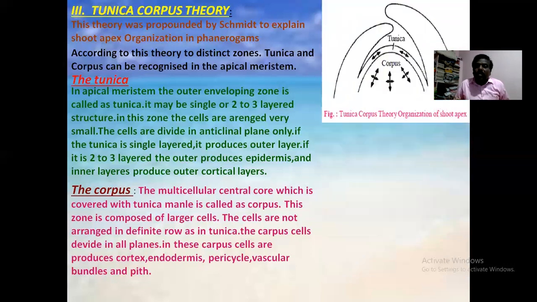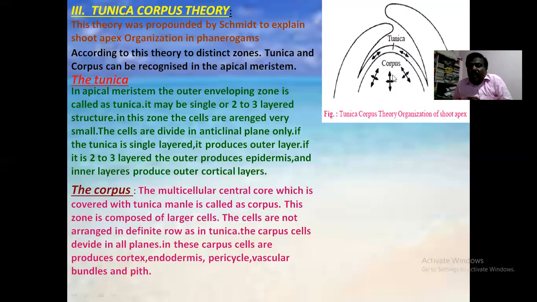You see the picture, the outer layer divides only anticlinally. This layer is a single layer, or two or three layers in some plants, but many plants have only a single layer. It produces the epidermis.